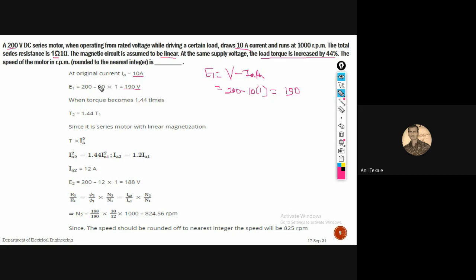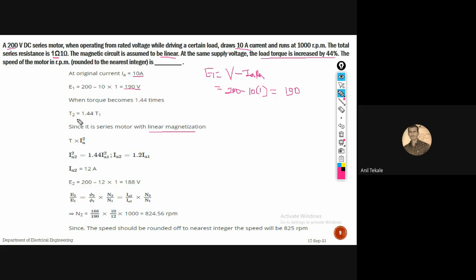What is the relation between torque and armature current in a series motor? It is directly proportional to the square of armature current. Also, it is a linear magnetization.